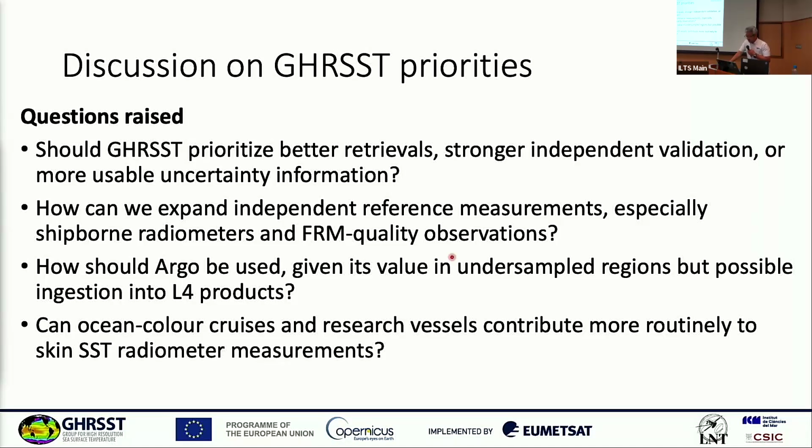And how should Argo be used given that it is extremely valuable in sampled regions, but may not be fully independent for some L4 products? And can ocean cruises and research vessels contribute more routinely to skin SST radiometer measurements?